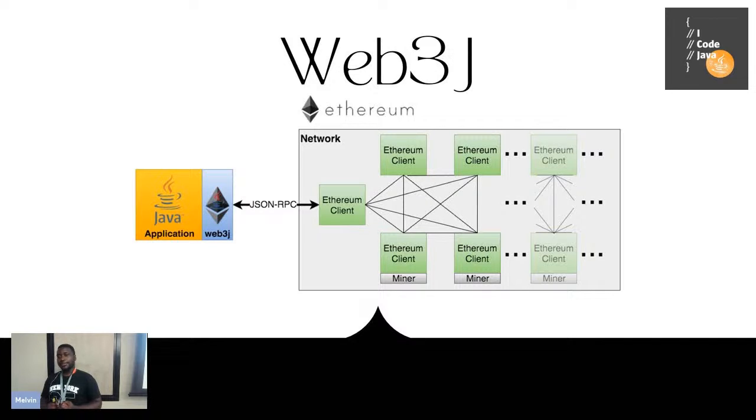Though we have Phantom and Solana and so on, they're still based on the same model as Ethereum, and that's that you can build a Solidity contract and then deploy it. Web3j is a library that you can use in Java to interact with such a network, and it does it through JSON RPC. It's a standard that all these networks use to communicate with any client.